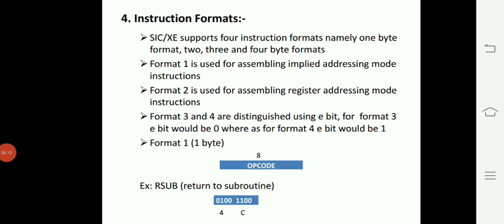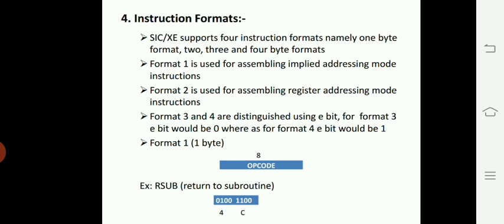The fourth factor is the instruction formats. The SIC/XE supports 4 instruction formats, namely 1 byte format, 2 byte format, 3 byte format and 4 byte format. Format 1 instructions are used for implied addressing mode instructions, and the format 2 instruction format is used for register addressing mode instructions.